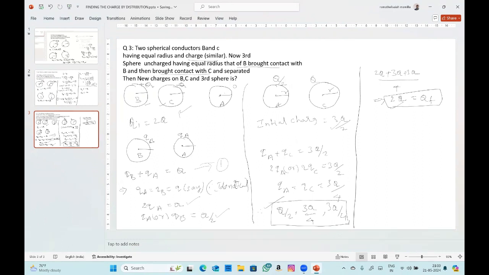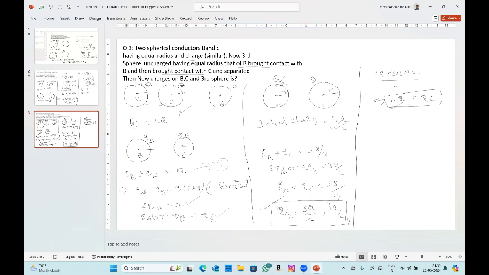B and C have the same charge and the radius is the same. And the third is an identical uncharged sphere, equal radius means identical. It is put in contact with B and separated, and again in contact with C and separated. Then what are the final charges on A, B, C?